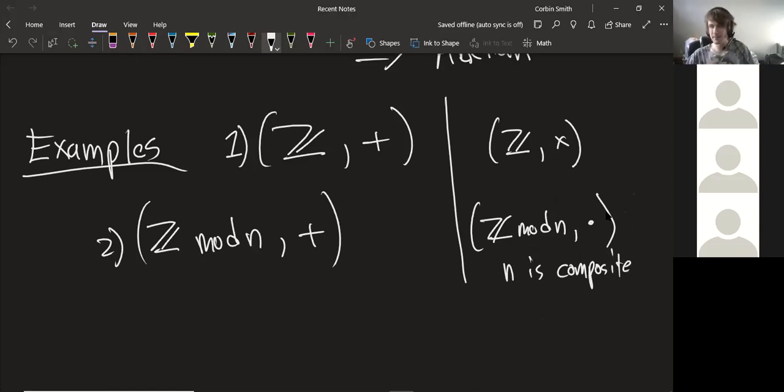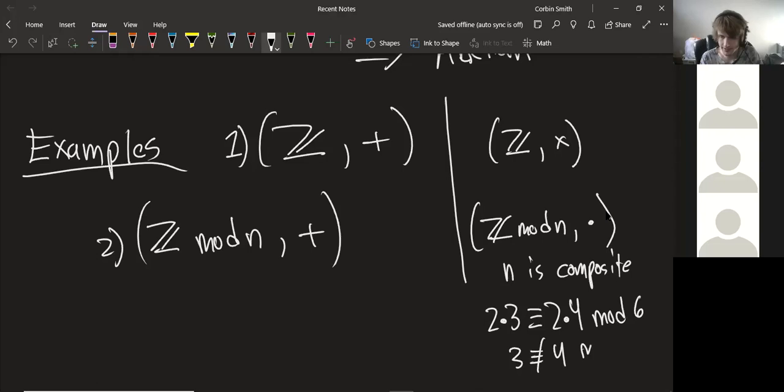And we're going to have the same exact problem in this situation because if you have a composite number as your modulus, then there are definitely equations that you simply cannot solve by cancellation. For instance, 2 times 3 is congruent to 2 times 4 mod 6, but 3 is not congruent to 4 mod 6. So yeah, you fail cancellation in this non-example.